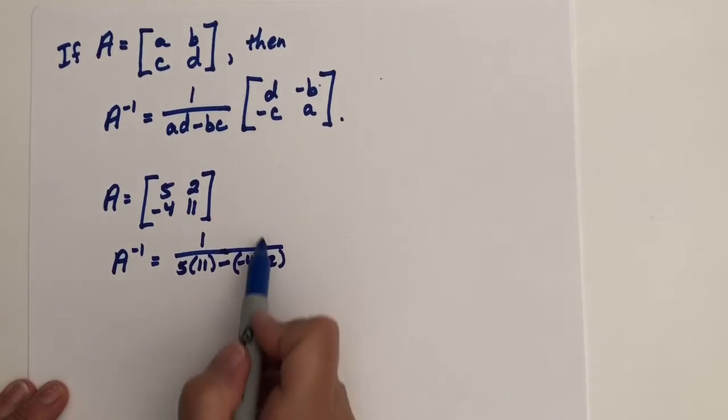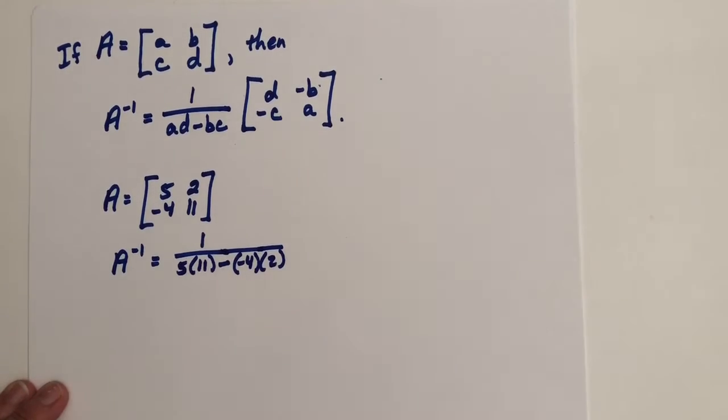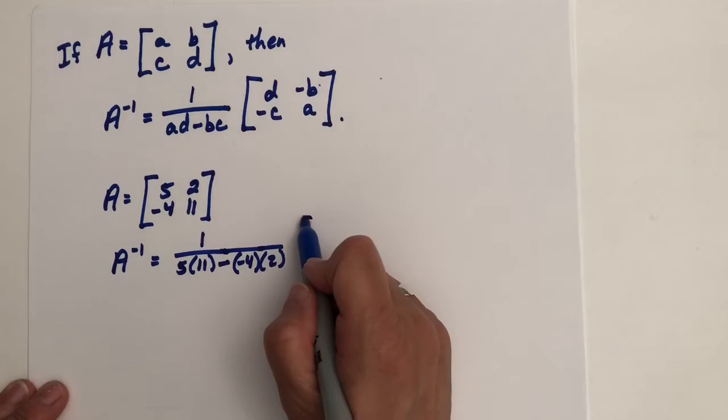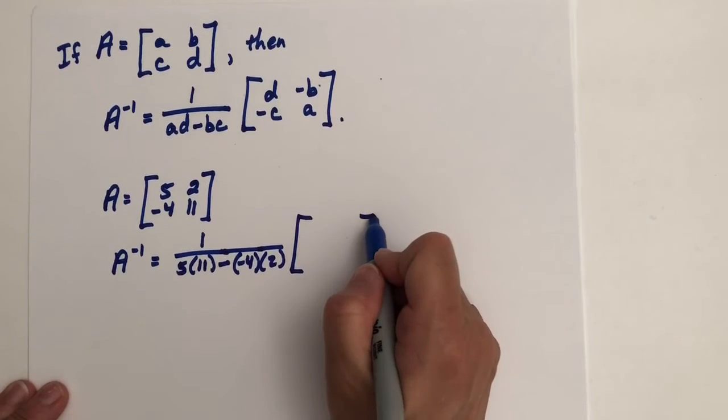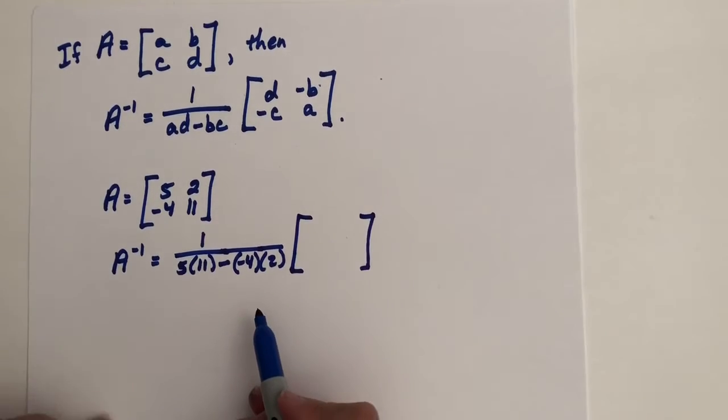So we'll have a scalar. Remember, a scalar is just a real number there. And we'll multiply that by this matrix.